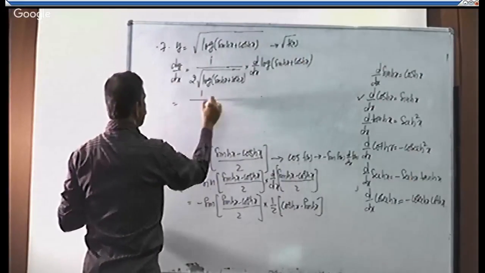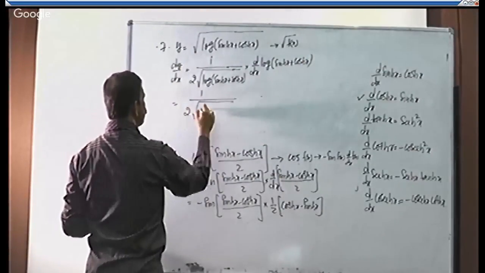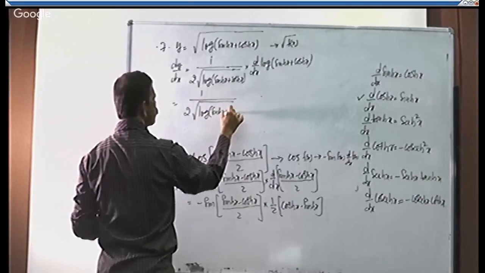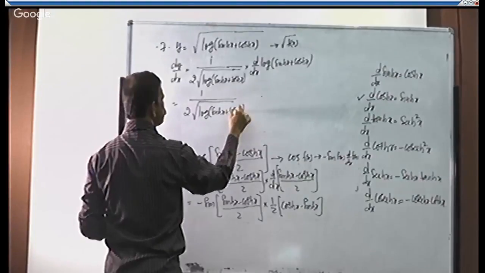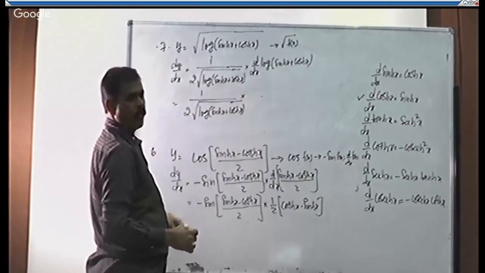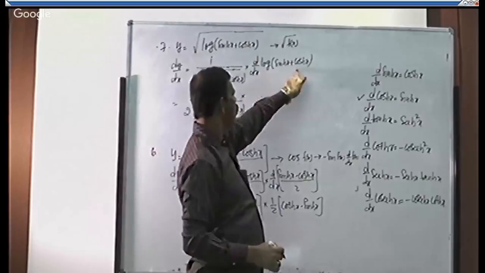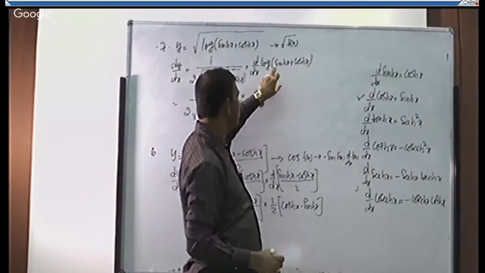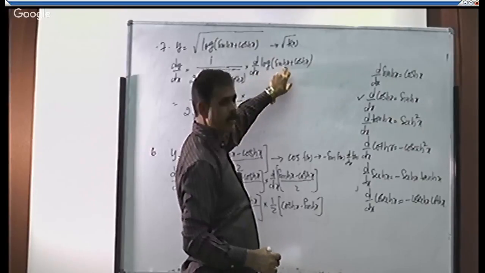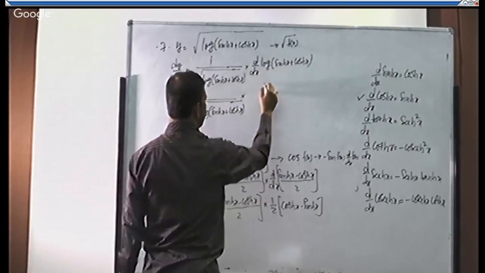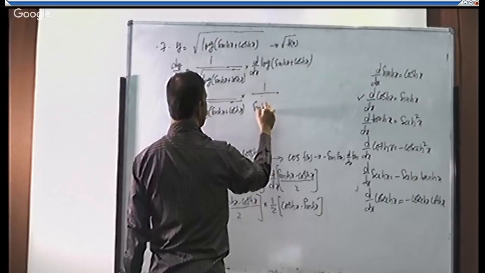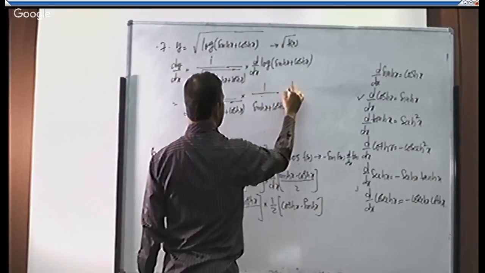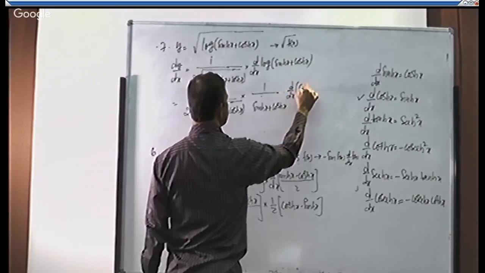Keep the first term as it is, 2 root of log of (sin hx plus cos hx), into. It is treated as what? Log x. It is similar to log x, but we have to use chain rule. Treating log of function. For log function, it is 1 by function into d by dx of function.